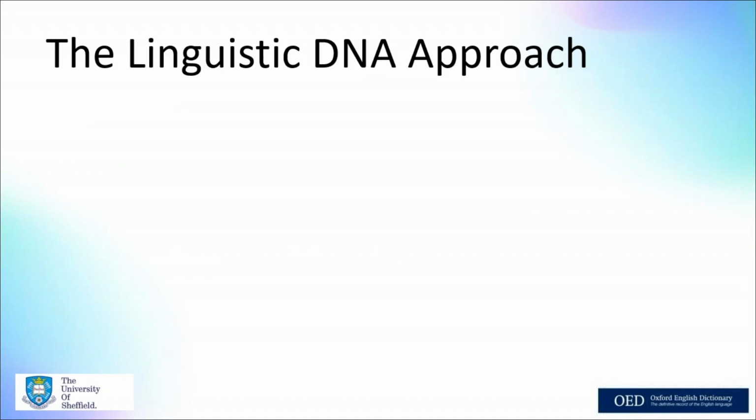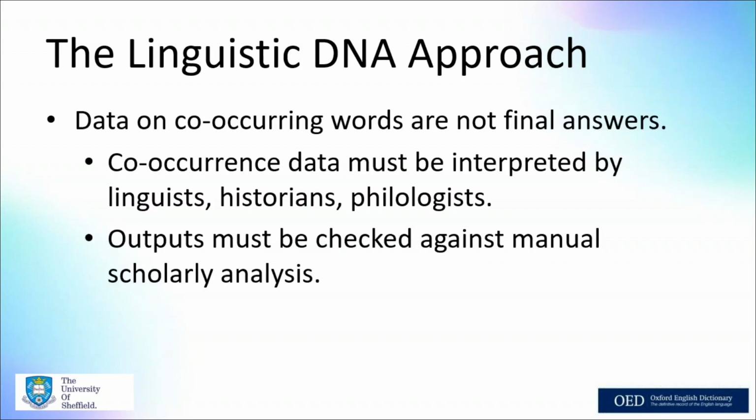Okay, which brings us to the linguistic DNA approach. We started with these theoretical principles about lexical co-occurrence, and we started with the goals that I outlined at the beginning. And we said that we were interested in looking at lexical co-occurrence data in early modern English print. We do insist that data on co-occurring words doesn't represent final answers. As I said, computers are really good at counting up which words co-occur together.